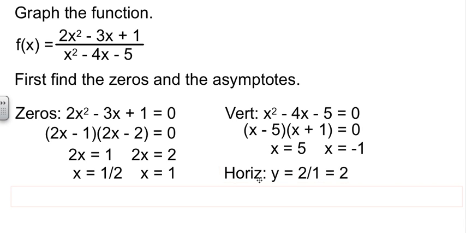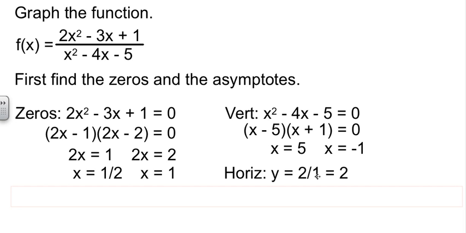For the horizontal asymptote, we look at the highest powers. They both have a power of 2. So our rule said if they're the same power, then you do the ratio. The ratio is 2 over 1. The numbers that are attached to those highest powers are the ratio you use.